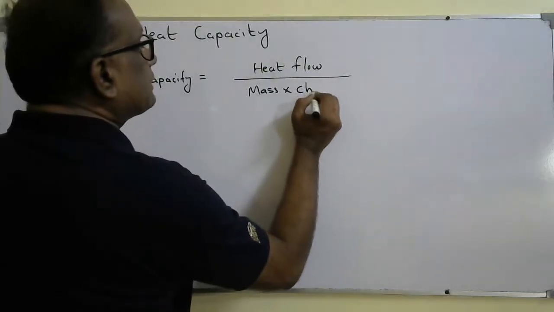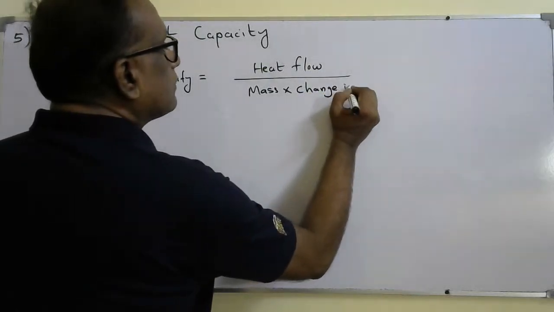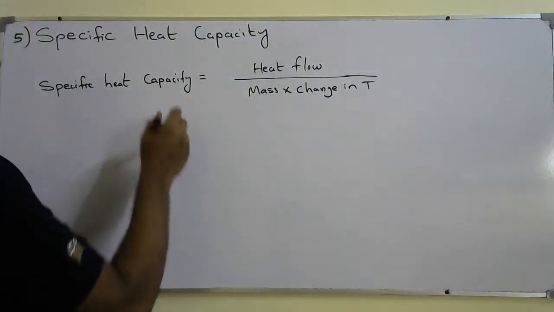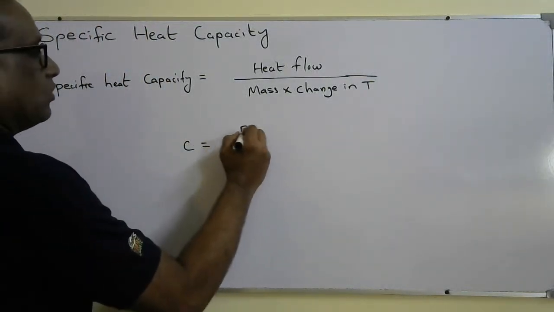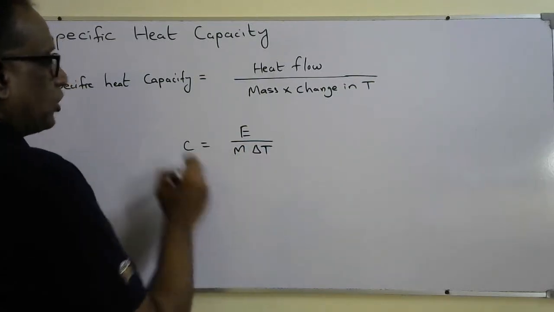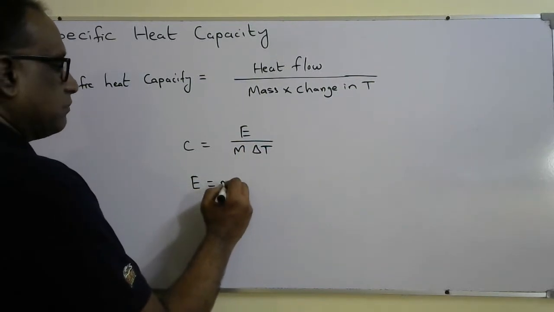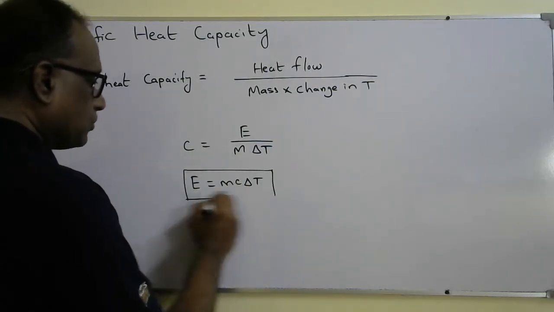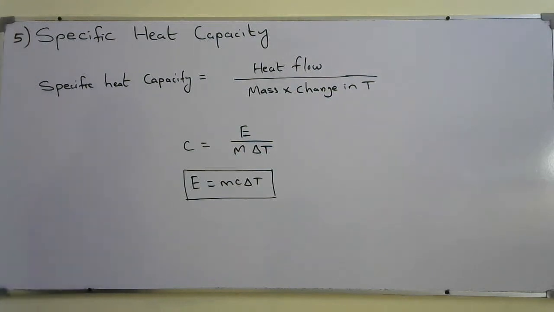So change in temperature, capital T, I use capital T. So specific heat capacity denoted by C equals E over mass M times delta T. We normally cross multiply, E equals M C delta T. This is the equation. You had it in IGCSE also, A level also, we use the same equation.